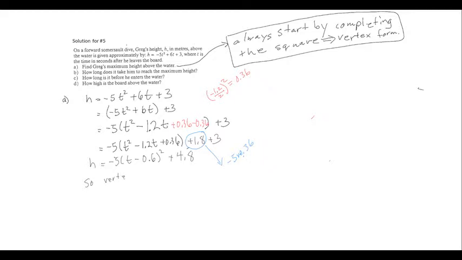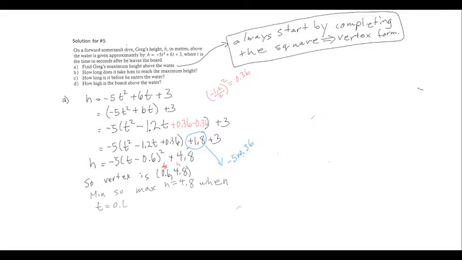So, if you think about it, the vertex is just going to be the opposite for the inside part. So we get 0.6, comma, 4.8. Now, you need to remember what each of the variables are in this equation, and the 0.6 is going to be just t, and our 4.8 is basically the h value.